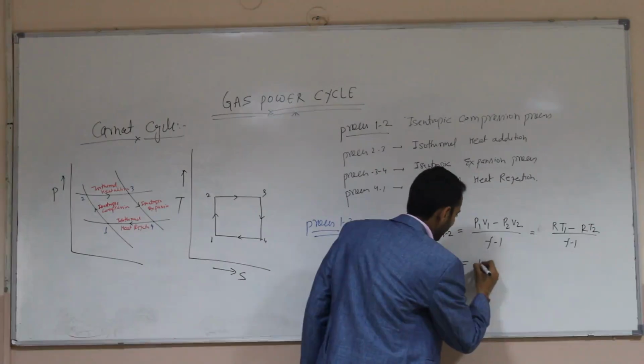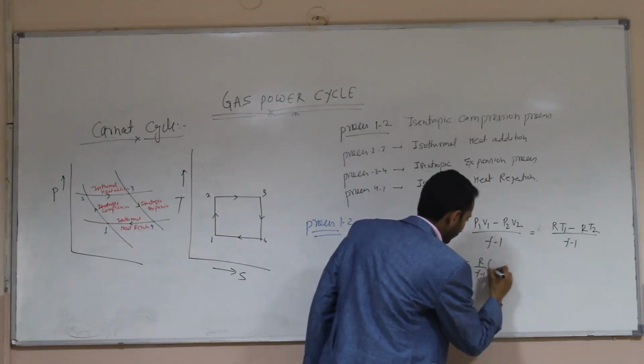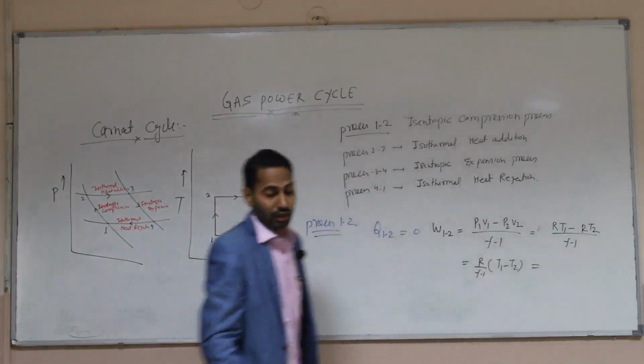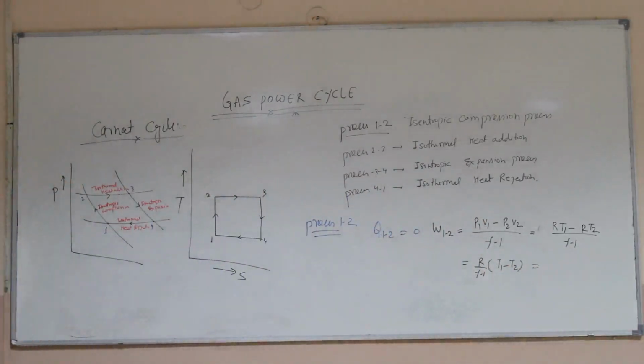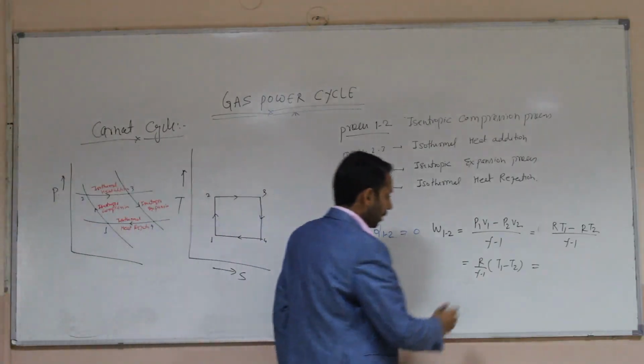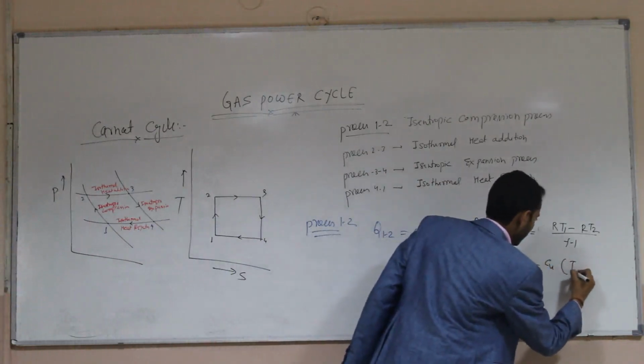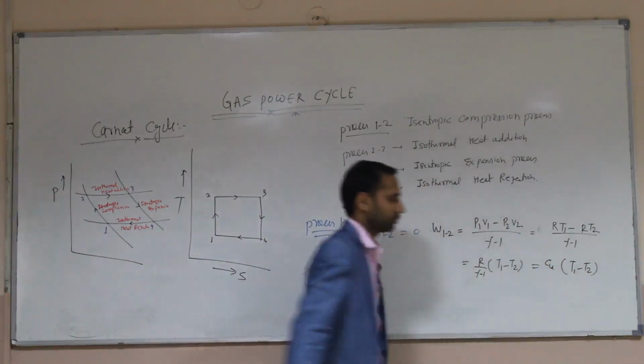So we can write R over (gamma minus 1) times (T1 minus T2). R over (gamma minus 1) is Cv, so W1 to 2 is Cv (T1 minus T2).